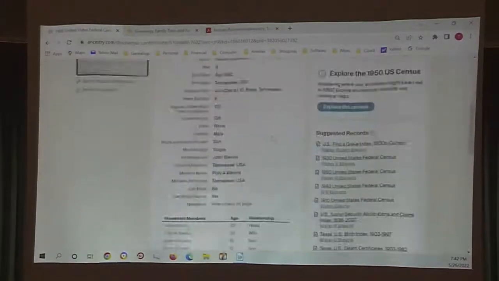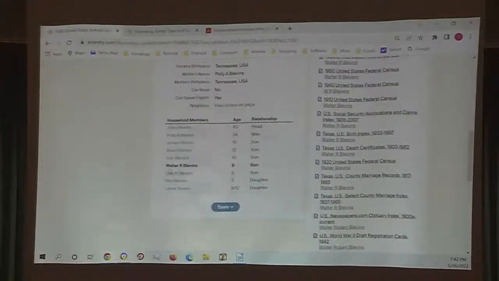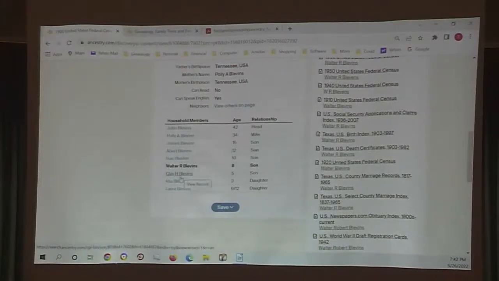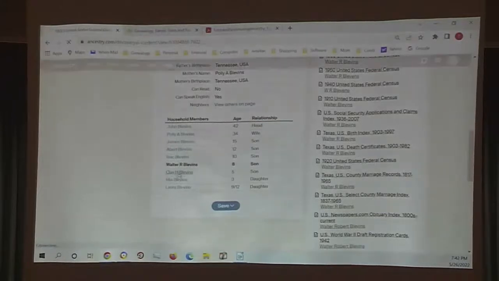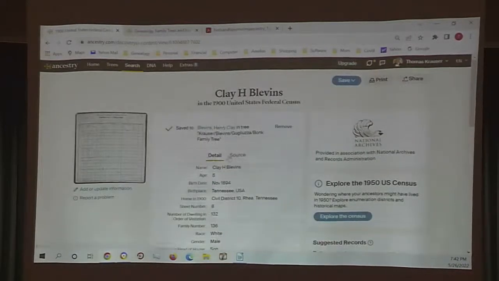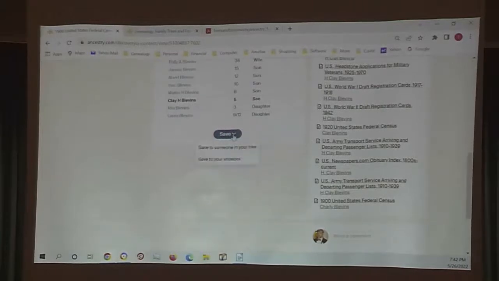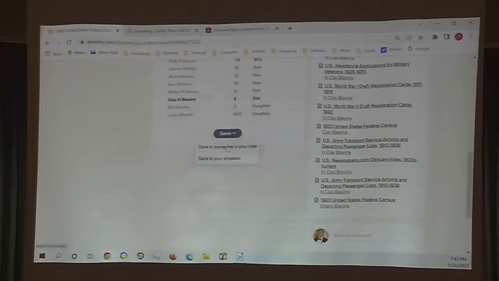Now let's say I wanted to add that census to Clay, right? So I click on Clay and I switch to Clay, right? And then I come down here and I click save to someone in your tree, so Clay H. Blevins. And this is also where it helps to have the dual screens up.